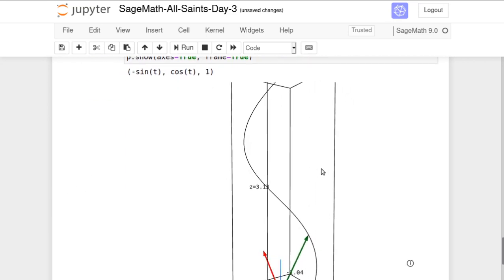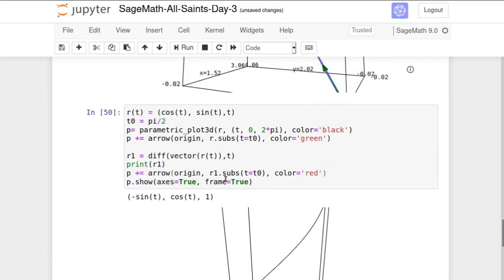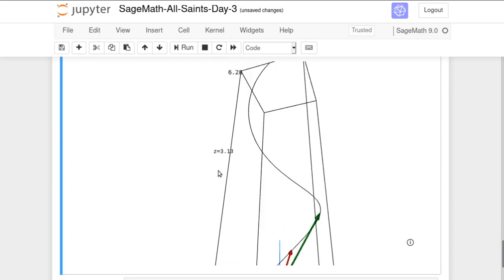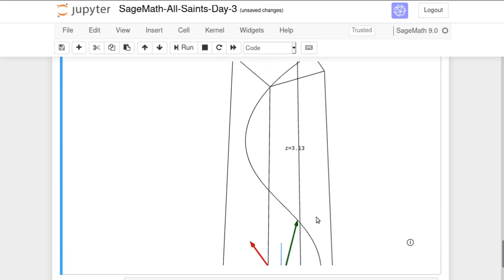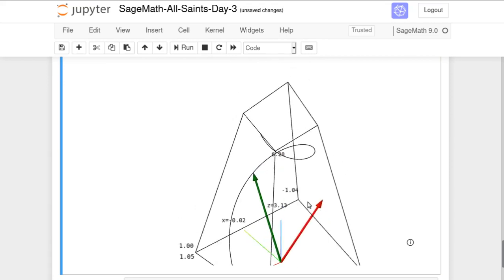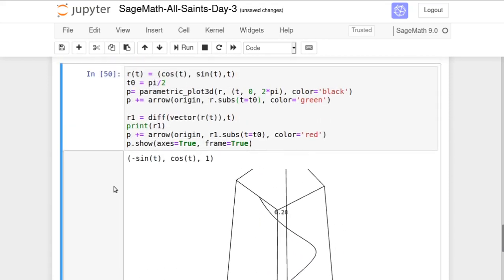So the red colored one is the tangent vector, and the green colored one is the actual vector. So we have plotted the tangent vector and the actual vector. This is how they look: r of t naught and r dash of t naught.